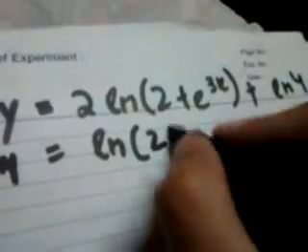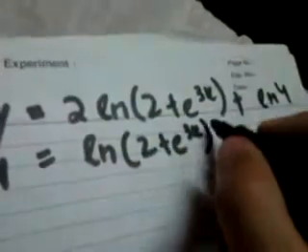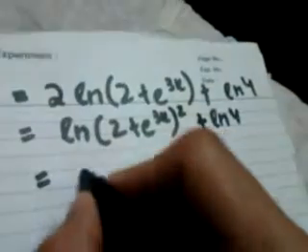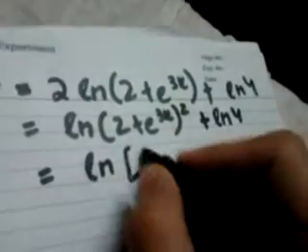First of all, let's simplify this more. This is ln (2 plus e to the power 3x) with the number in front becoming the power, plus ln 4. And ln a plus ln b is ln ab.